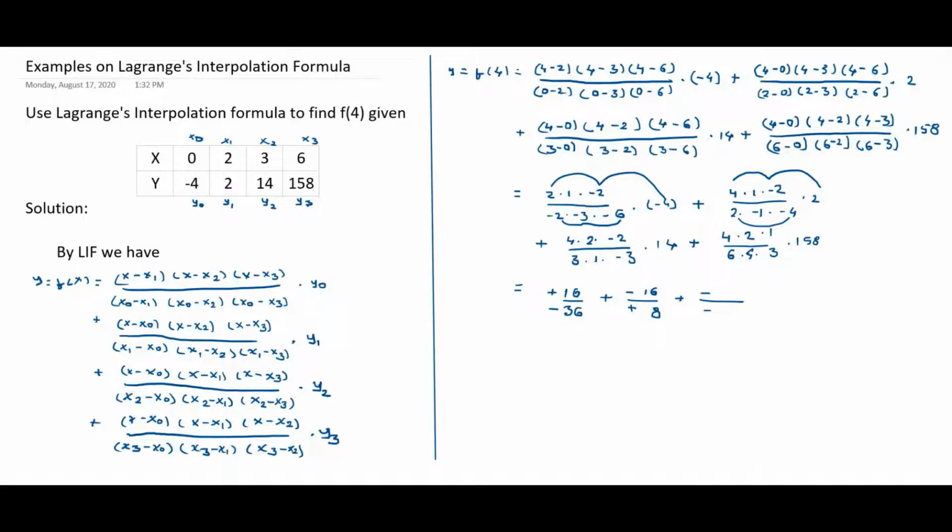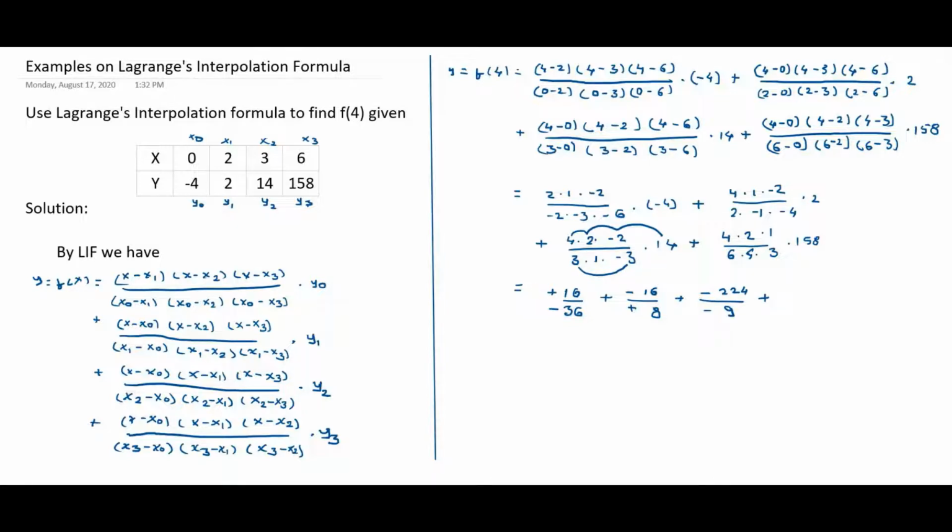So if you multiply the numerator, 4 into 2 is 8, 8 into 2 is 16, 16 into 14, total you will get 224, divided by 3 into 3, 9. So this is 9. Then plus sign.